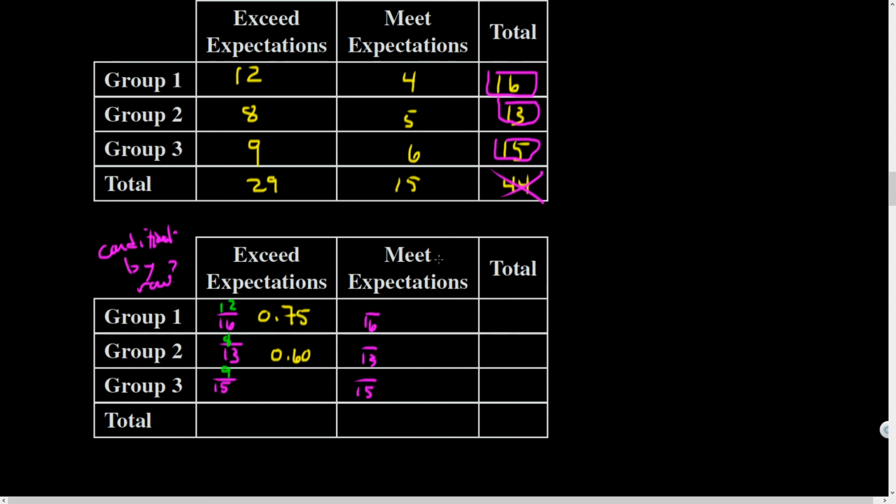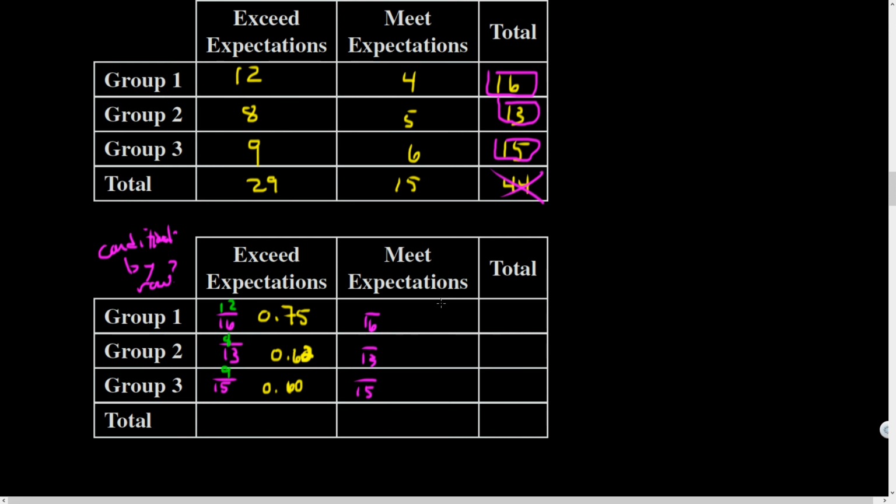And I get, let's see, from group 3, given their group, yep, 0.60 here as well. Wait a minute, that's not right. 8 thirteenths. Here I'm getting 0.615. So we'll call that 0.62.